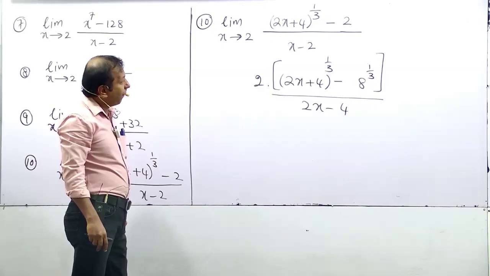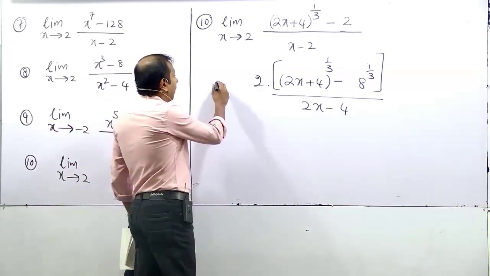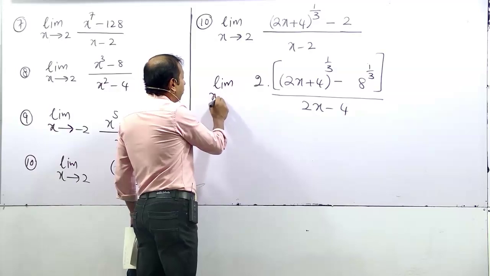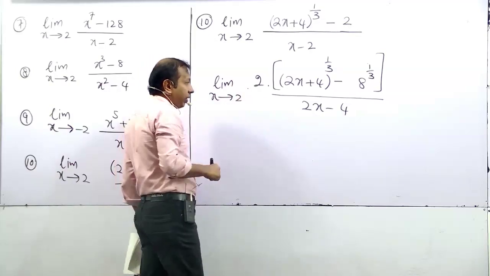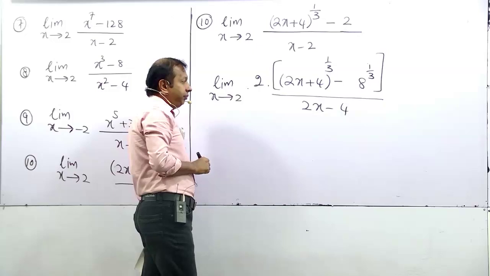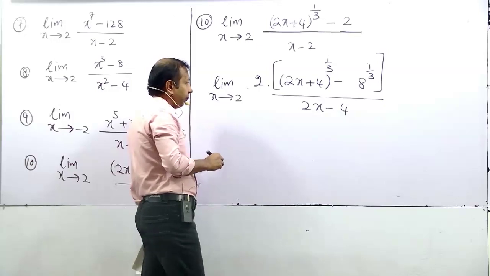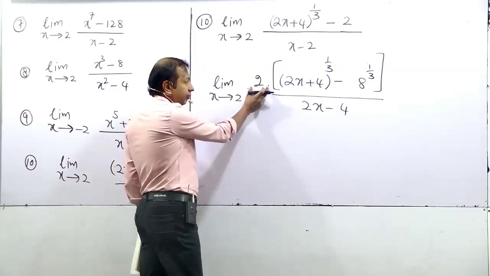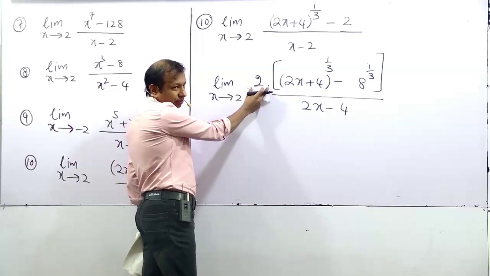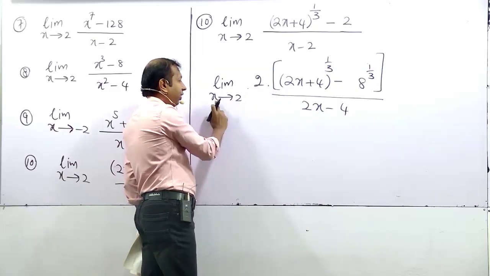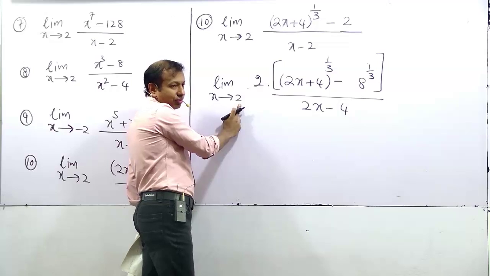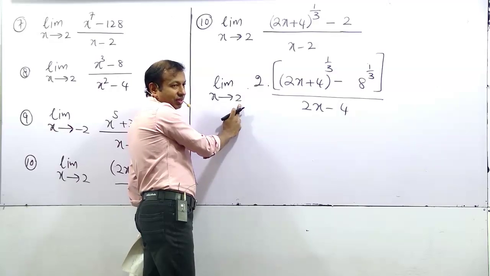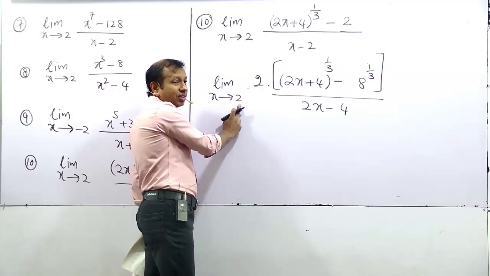Now, limit x going to 2. Next line, I do like this. Because this 2 is a constant. X going to 2, x is a certain variable. It takes values up to 2.